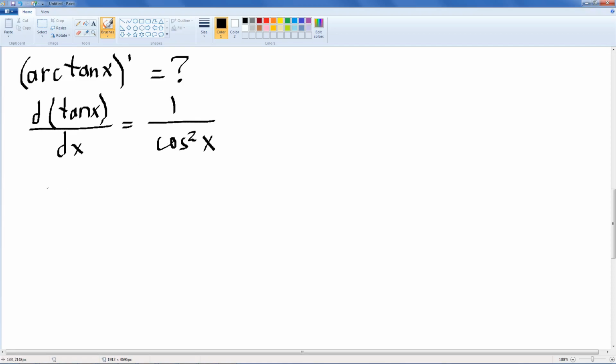Now let's do the same thing. So we're going to say that tangent x is actually equal to t. Then x is equal to the inverse function, so x equals arctangent of t.